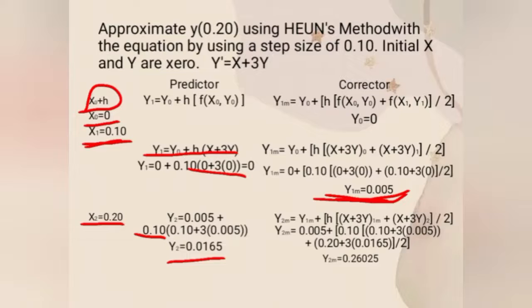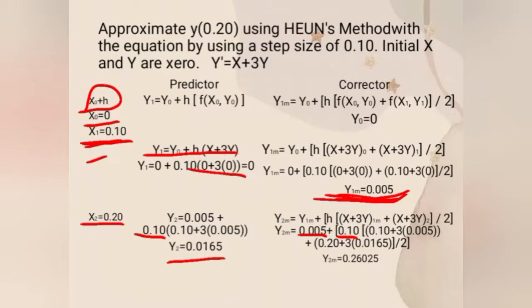Now let us proceed here in the corrector method. Y sub 2m is equal to y sub 1m plus h multiplied by x plus 3y sub 1m plus x plus 3y sub 2m, I mean sub 2, over 2. So again, we have the value of y sub 1m, which is 0.005, so right here, plus the value of our h, which is 0.10, multiplied by x. So what x? That is x sub 1, which is here.